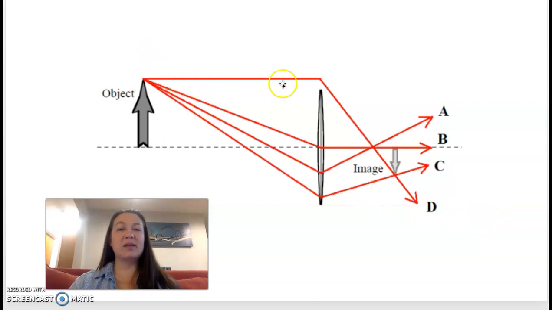Or it goes parallel in and gets converged towards the focal point. It's got to be D. This one goes parallel in and towards the focal point, which is right here. And then choices A, B, and C, those are just trash. Those don't actually obey either of those two, right?